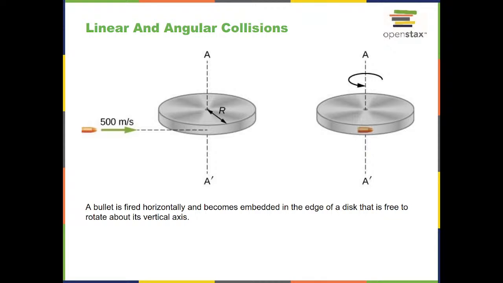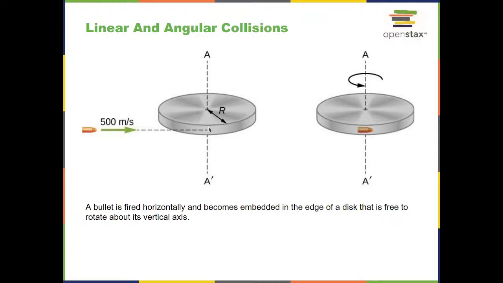So in this example, back to the collision of a linear and an angular system together. We will describe our angular momentum, of course, still. In the before situation, the angular momentum will consist of the angular momentum of the disk and the angular momentum of this bullet as it embeds itself in the disk.